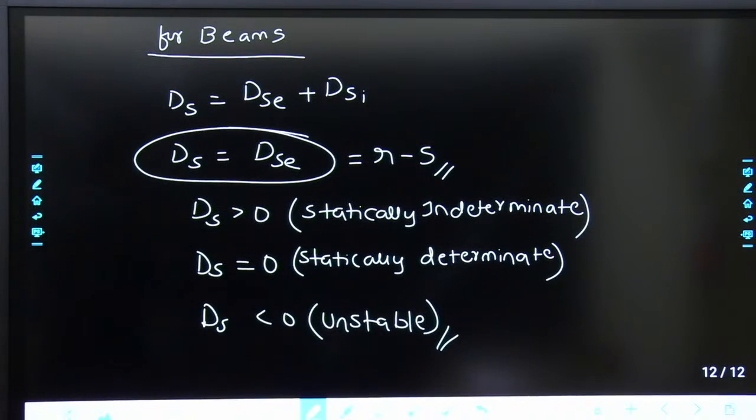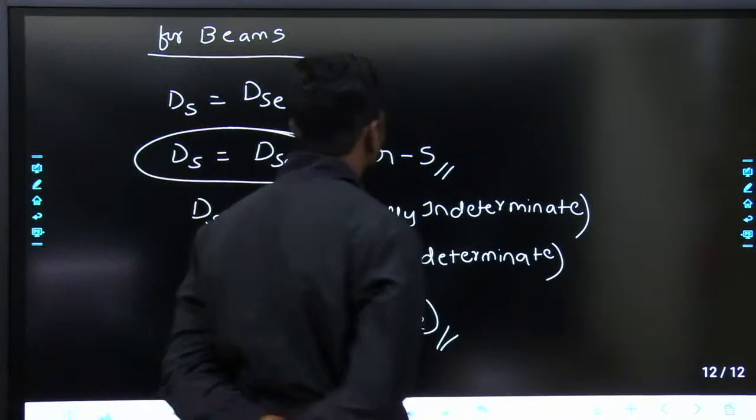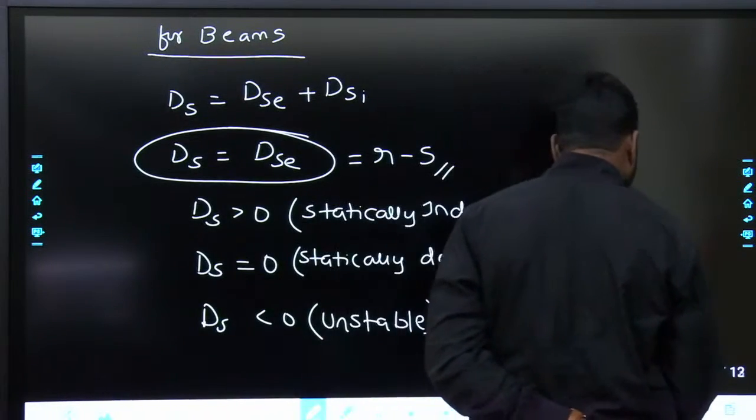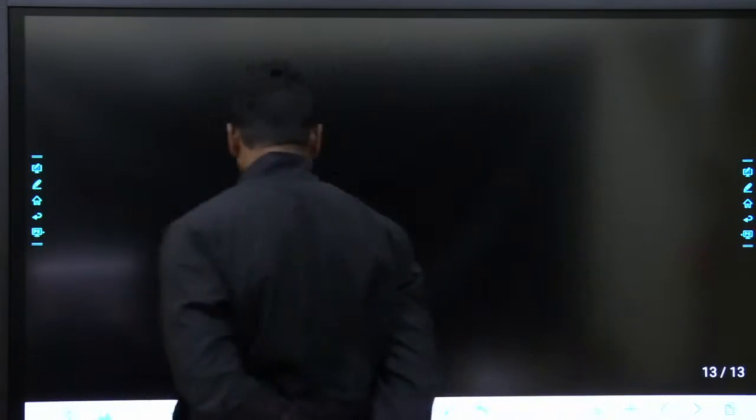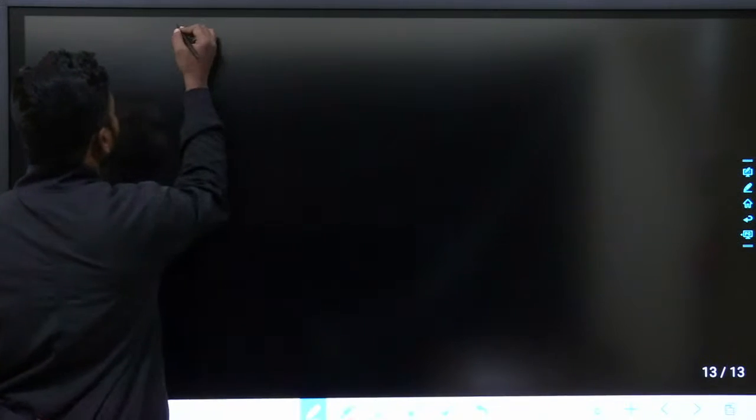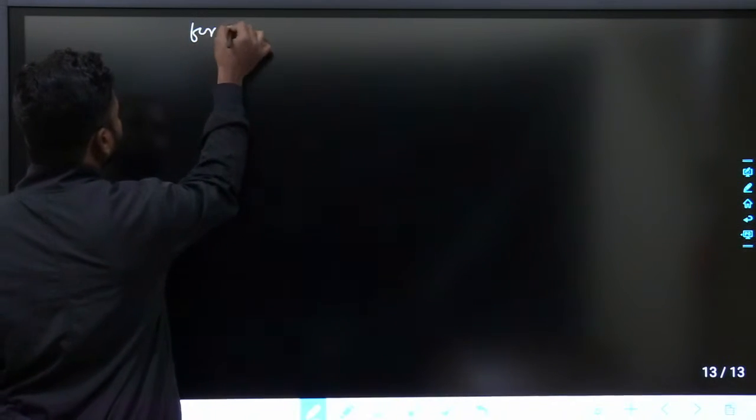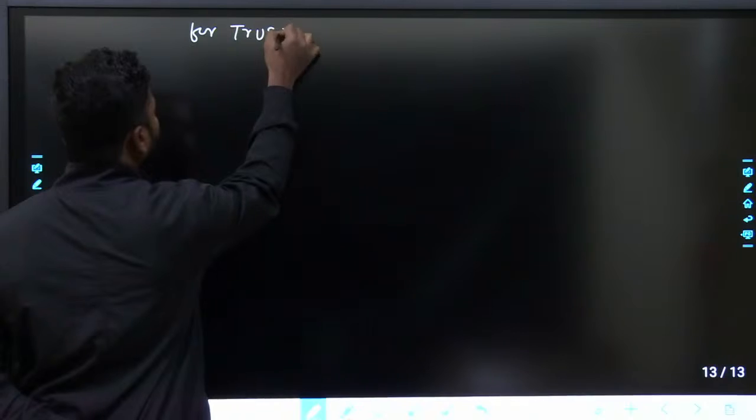Fine. Moving to the next topic, internal indeterminacy for the trusses.